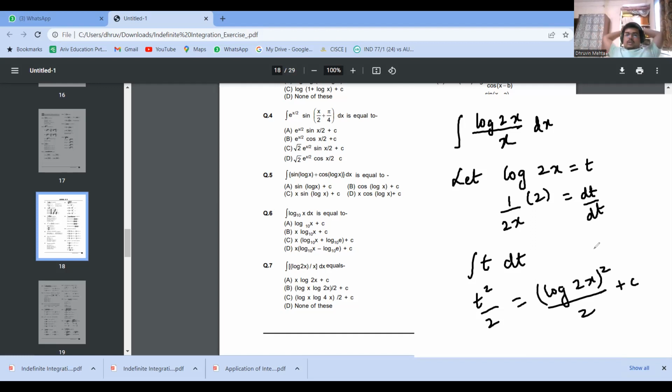एक मिनट, ये लोग ने क्या किया है ऑप्शंस में. How are they getting log x into log 2x?